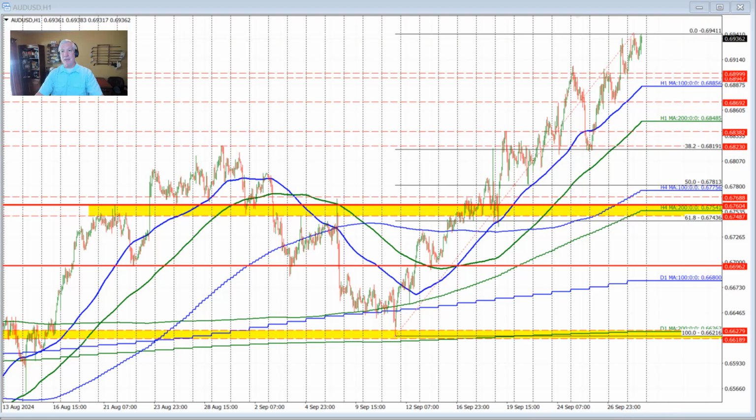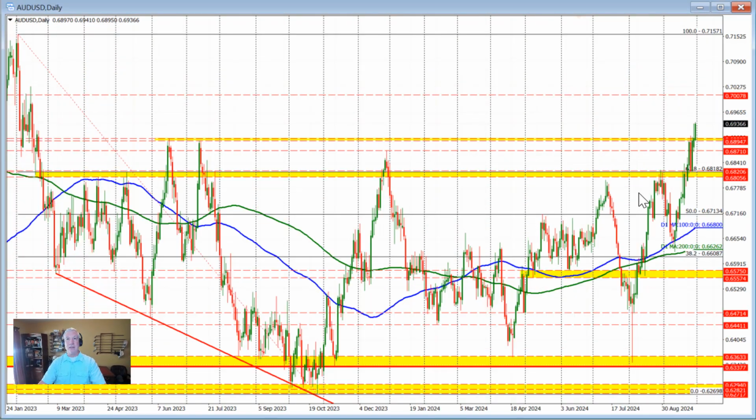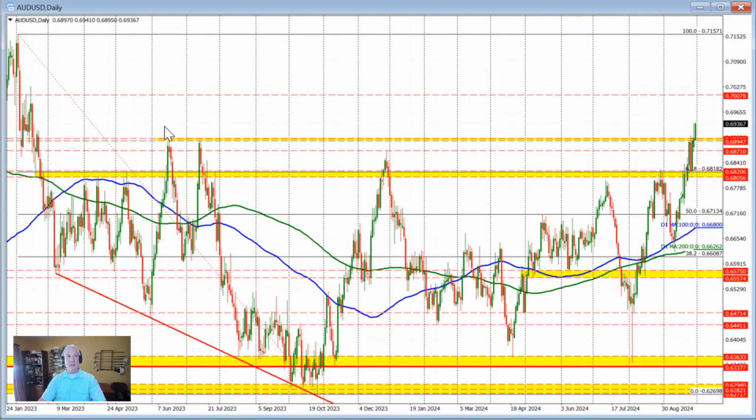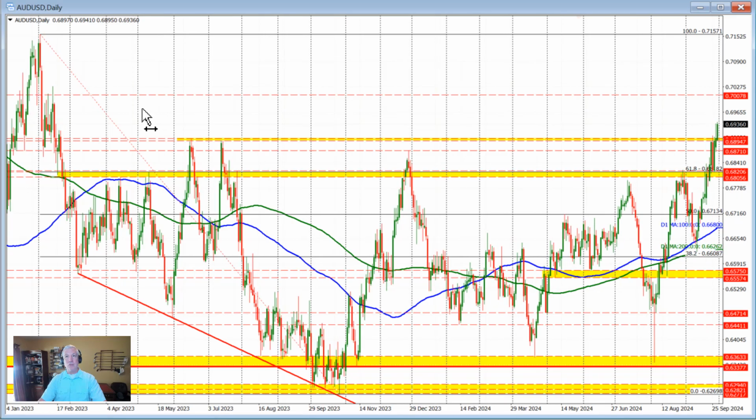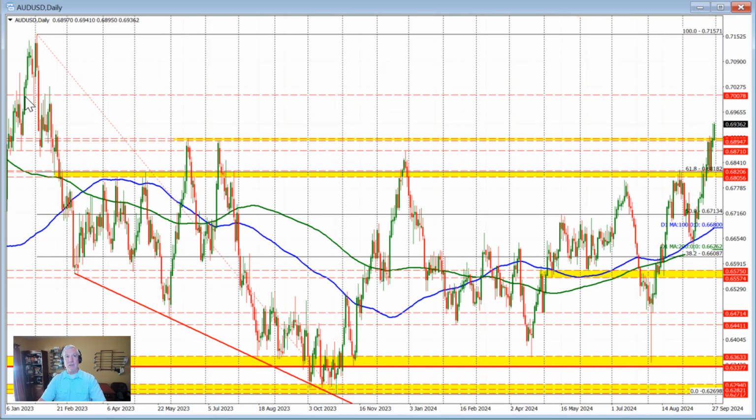Where does that take us on the daily chart? Going back to our daily chart, here's where we're at, and you have to go all the way back to this period right through here, which is in February of 2023, to have the price trade at those highest levels. As you can see, through this period here, there's lots of ups and downs in the market. The most recent high moved all the way up to 0.7027.